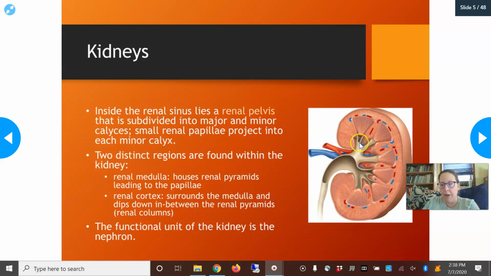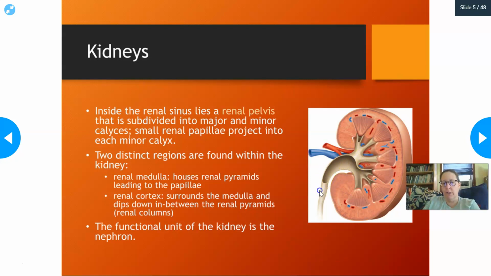This is a minor calyx. Underneath each pyramid, you have a minor calyx, a funnel catching all the little drops of urine being made right there. Where two minor calyces join, you have a major calyx. It's a branching system of funnels where eventually it all ends in one big funnel, and then that goes down to the ureter.